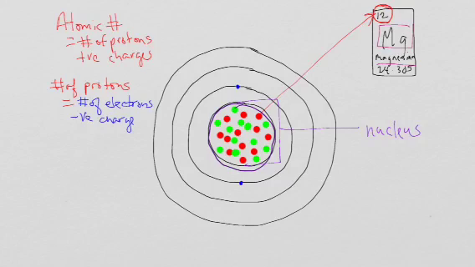If your element happens to have more than 2 electrons, then you move to the next further out orbit or energy shell. That means there's going to be a max of 8 electrons on that next shell. So 1, 2, 3, 4, 5, 6, 7, 8.